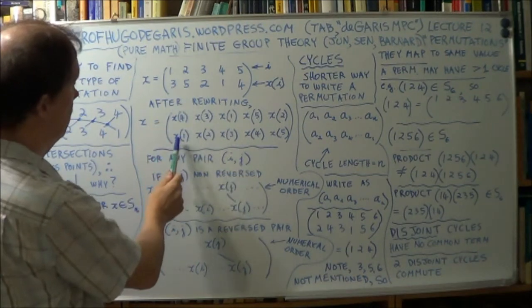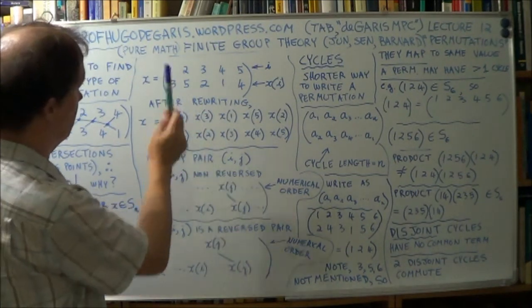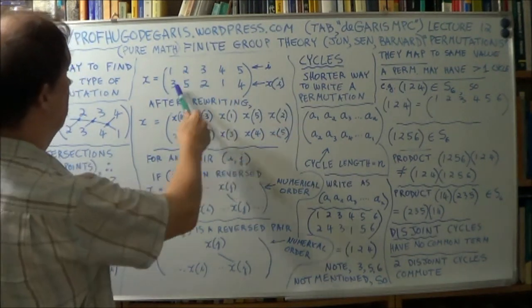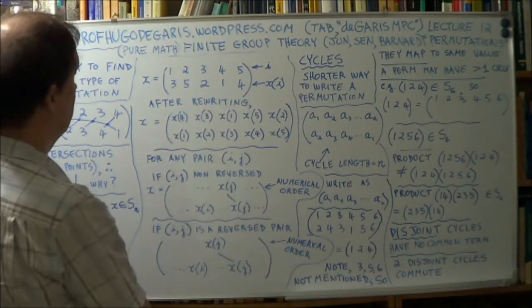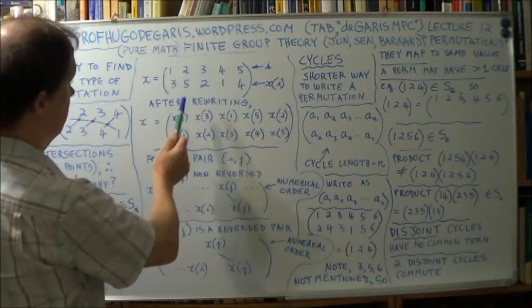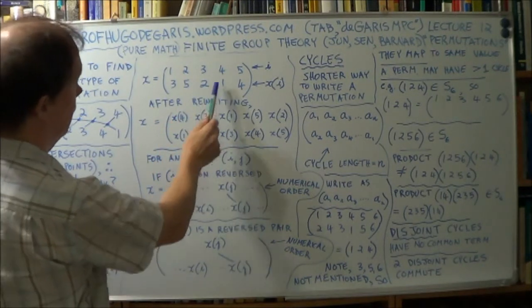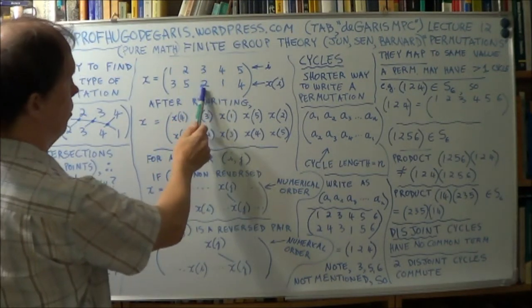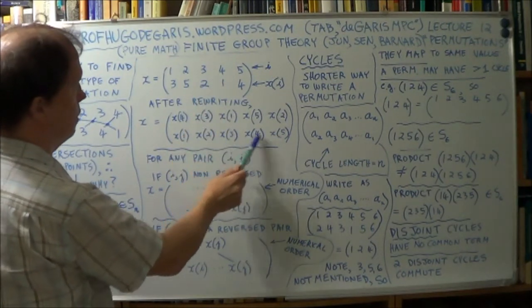So x of 1 is 3. Now 5. How do you get 5? Well, that's just x of 2. If you permute 2, you get 5. So instead of 5 here, I can put x of 2. Similar logic: 2 is just x of 3. So put that instead of 2, and so on and so on.